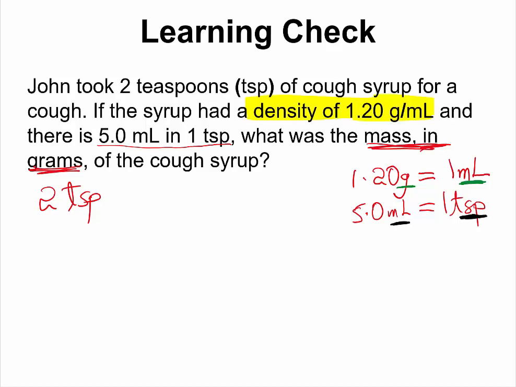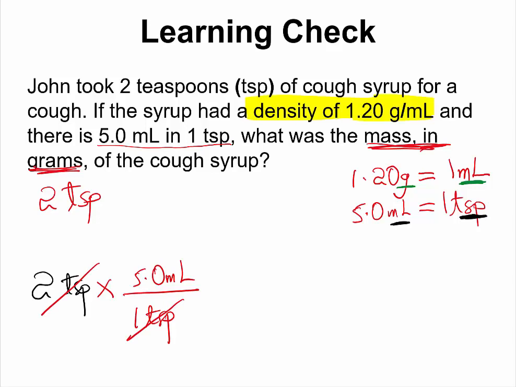Let us do it together. So 2 teaspoons multiplied by the conversion factor 1 teaspoon is equal to 5.0 milliliter.